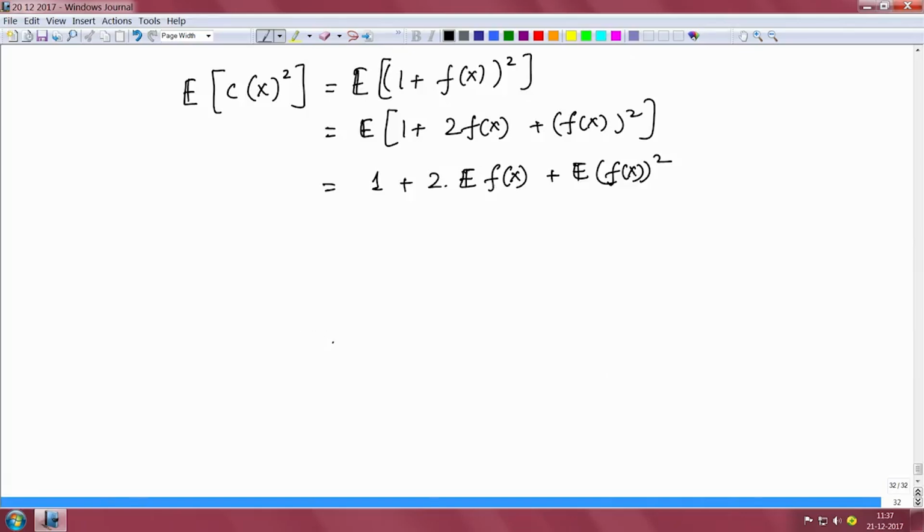So now we know from the result that this is basically mu f, which is minus 0.5, and this is the expectation of f of x squared.